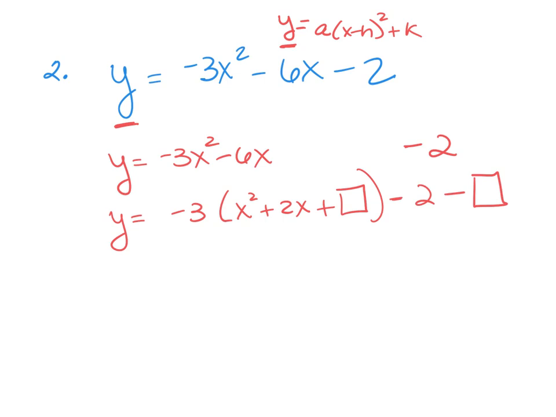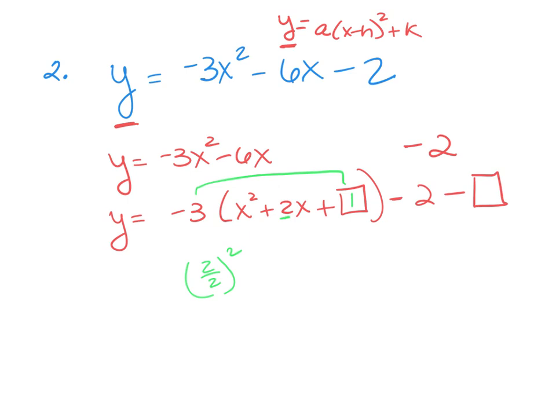All right, so pay attention because this is going to get complicated. I take, just like I did before, this guy here, divide by 2 and square it to get my box, which is going to be a 1. But over here, I really didn't add 1, I added a -3. I have to multiply it by that guy outside.